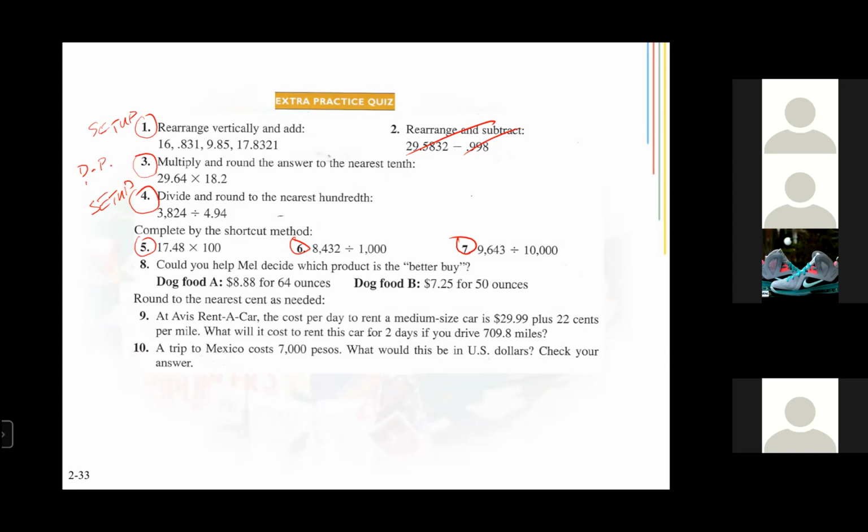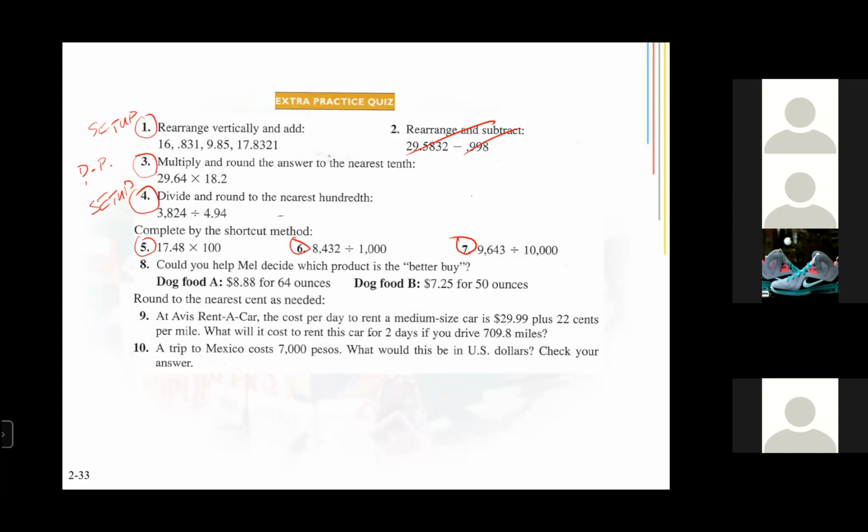All right, so let's look at the first question. How are you going to set up that first one?